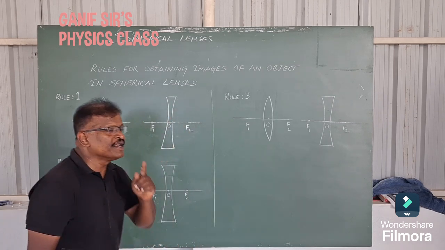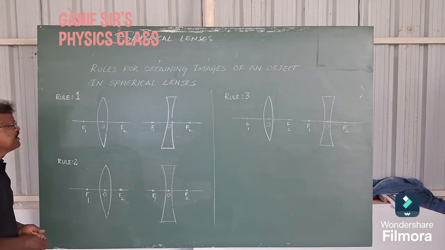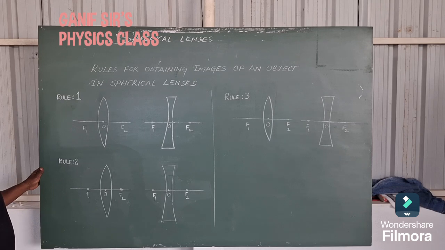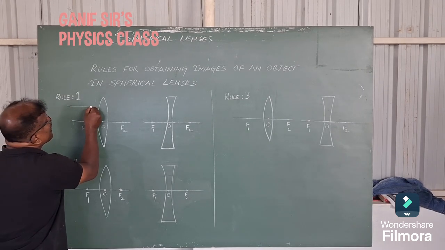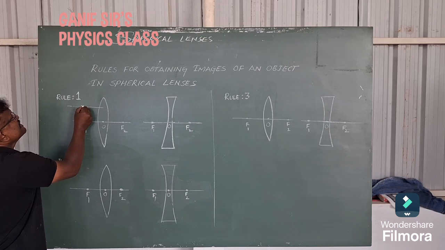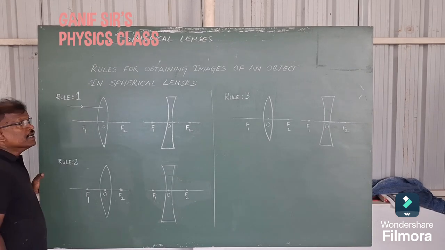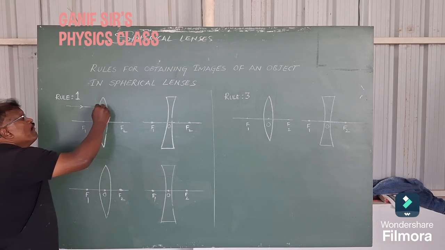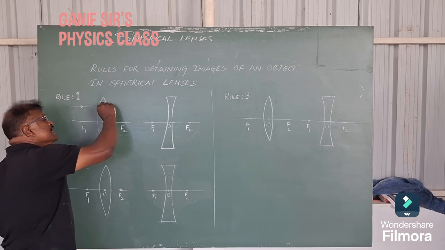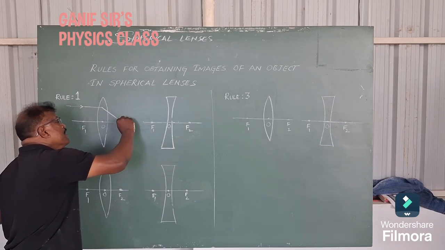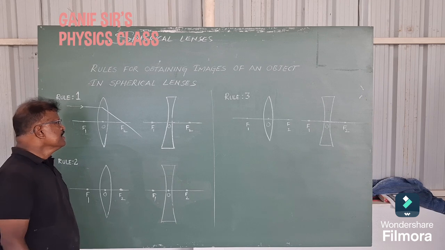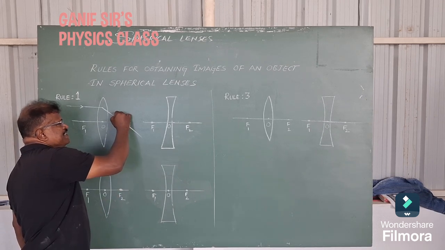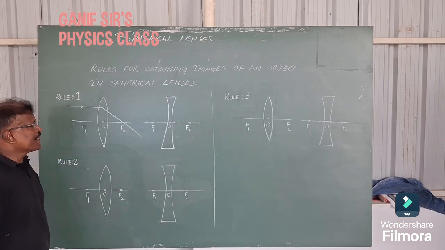See, let's go one by one. The first rule states that when a ray moves parallel to principal axis and gets incident on the lens, after refraction it passes through one of the focus. So this is the first rule that you already know.